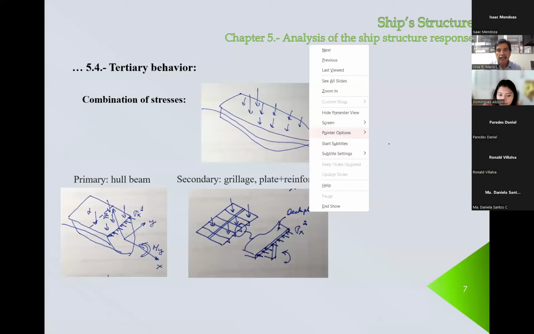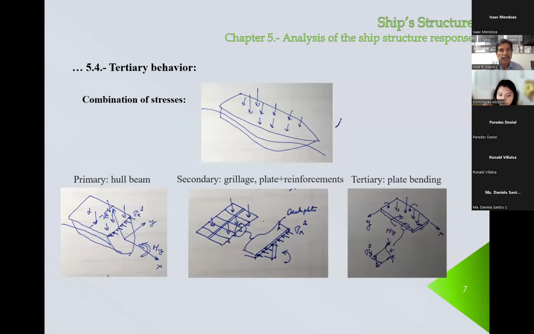Okay, now, finally, what about the tertiary? We have to be careful because in general, in the tertiary stresses, plate bending, we have stresses in X or in Y, right? But what we have insisted is that in the direction of the shortest side of the plate, the stresses are much higher.